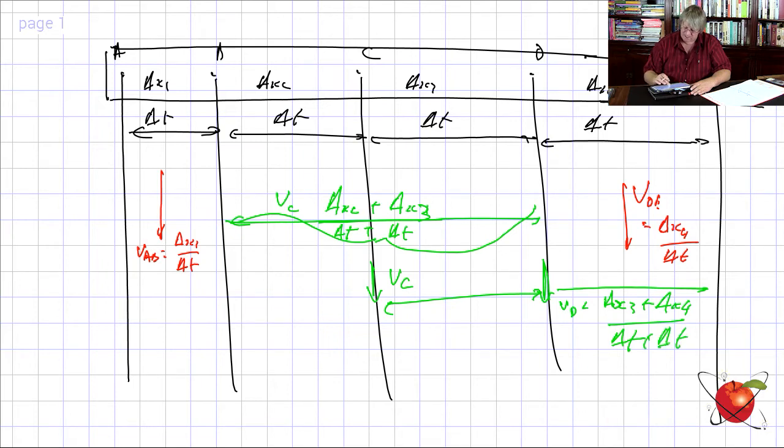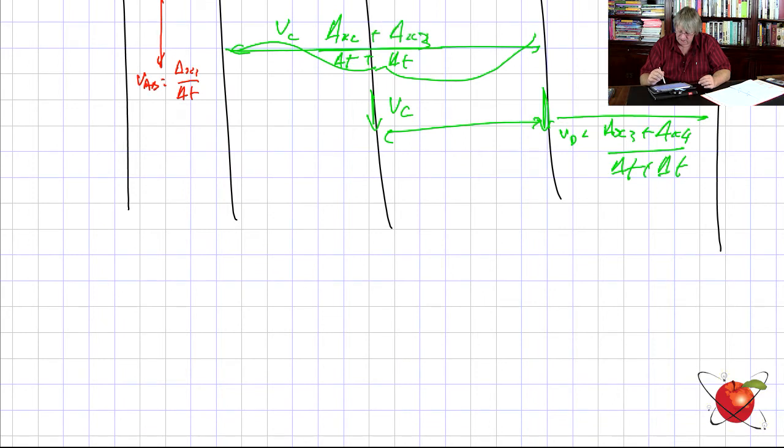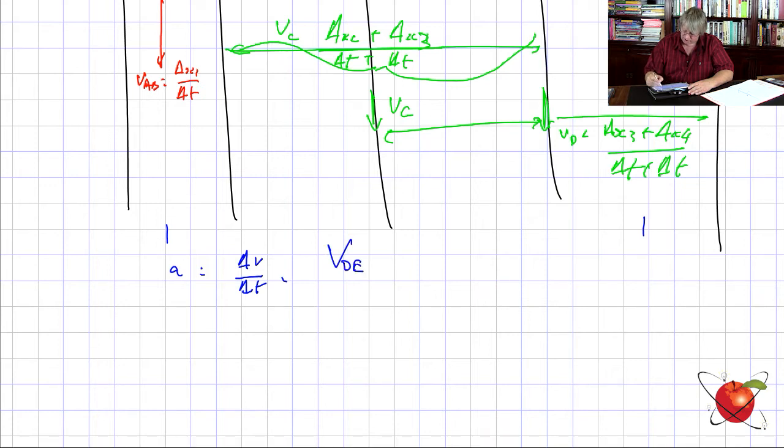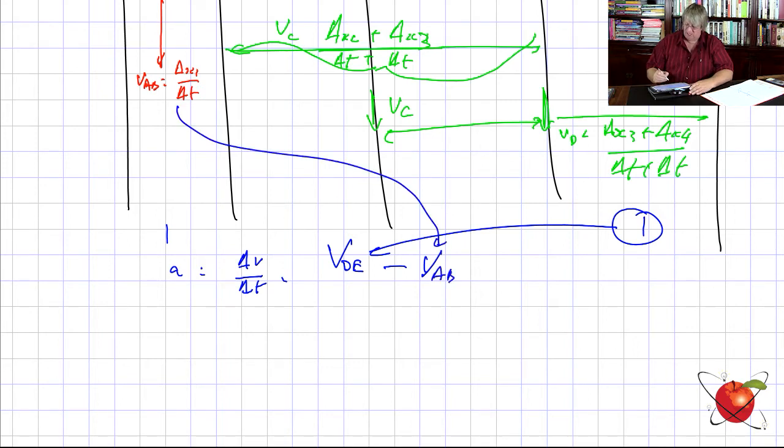Then they say they want acceleration. Acceleration is delta V over delta T. We find two known V's. Let's say we're going from the red to the red, from here to here. Delta V is velocity at DE, this one, minus velocity average AB, this one, divided by delta T. Now what is delta T?